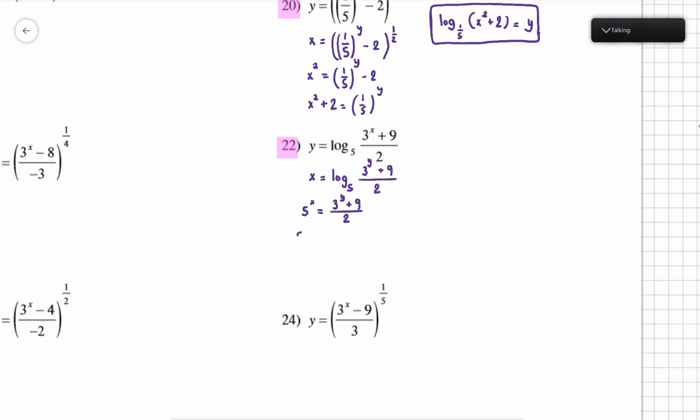Multiply by 2. 2 times 5 to the x is equal to 3 to the power of y plus 9. 2 times 5 to the x minus 9 is equal to 3 to the power of y. Convert. Log base 3 of 2 times 5 to the power of x minus 9 is equal to y. We got y by itself, so that's our answer.